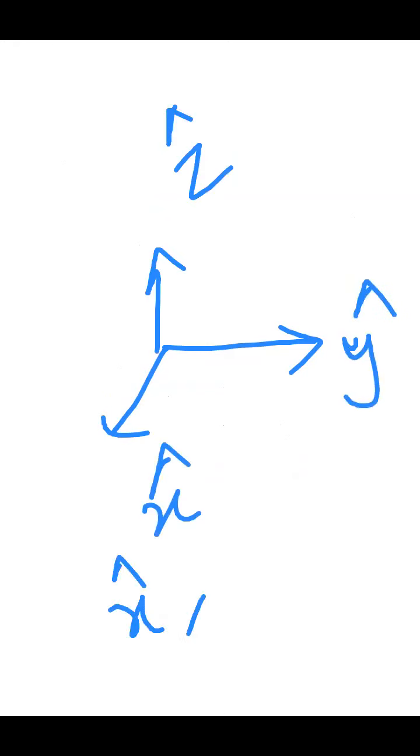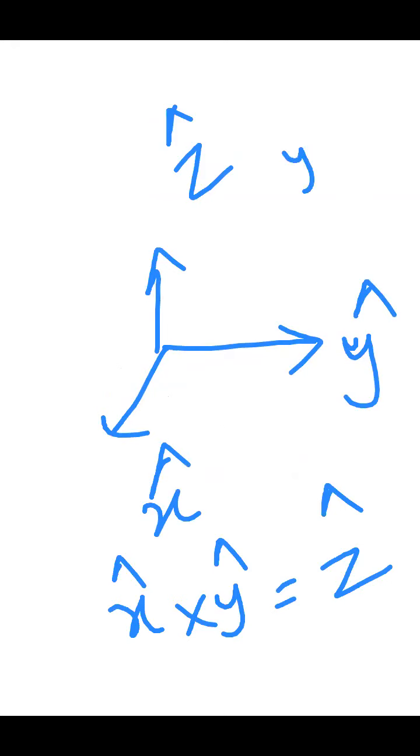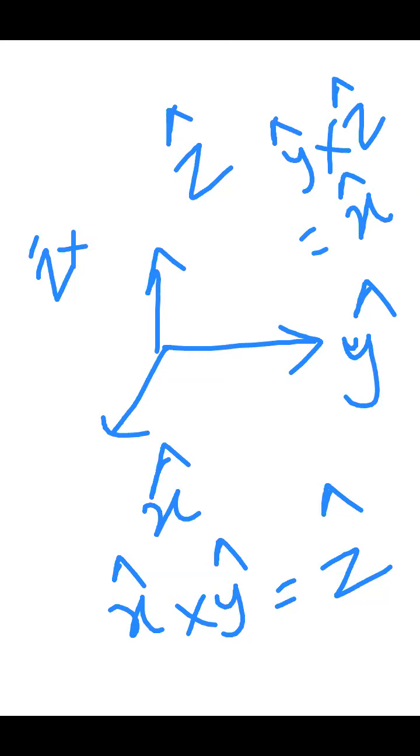Then what is the cross product? x cap cross y cap is equal to what, sir? z cap. I can take it in any other way. If I take y cap and z cap, definitely I will get x cap. And if I take z cap and x cap, then I will get y cap. These are all simple relationships already available in the book.